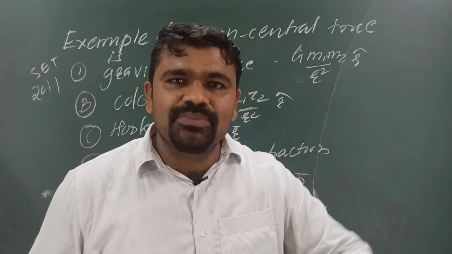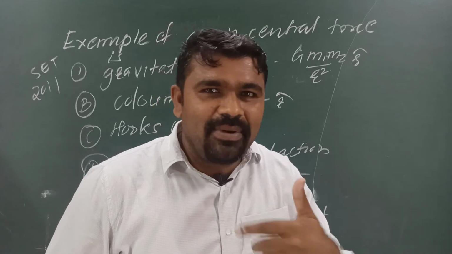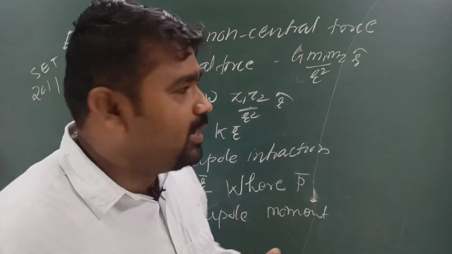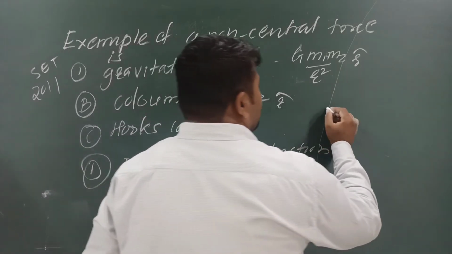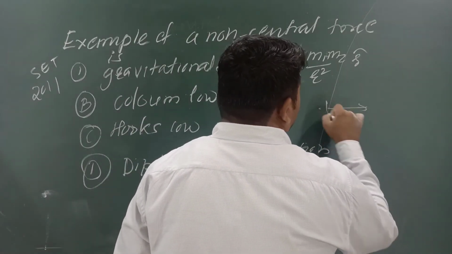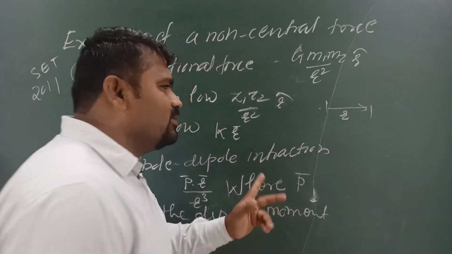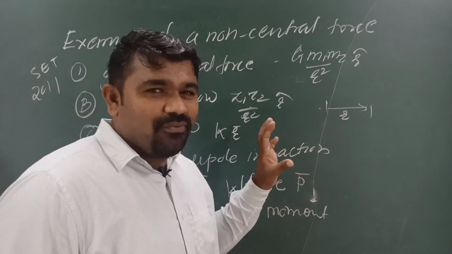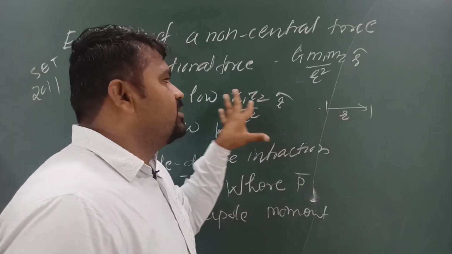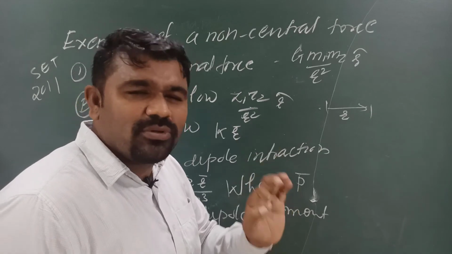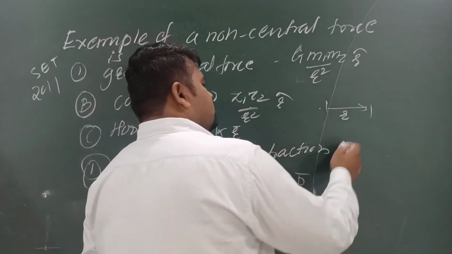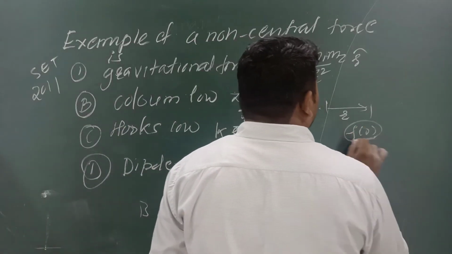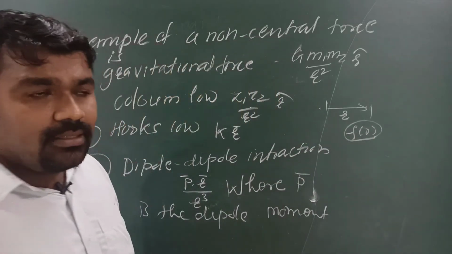Central force means this force is guided by distance, guided by the radial part. Yes or no? Means in this case, the radial part R is important. Okay. And such type of two particles joined with a distance R, and the force is related to this one, then we can say this one is a central force. Means central force is a function of R only. Okay. And this is known as a central force.